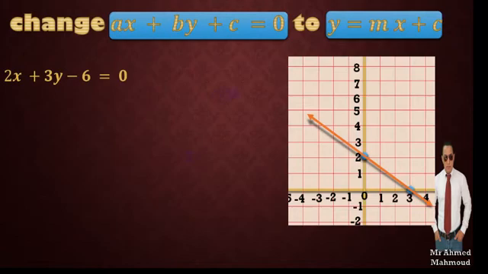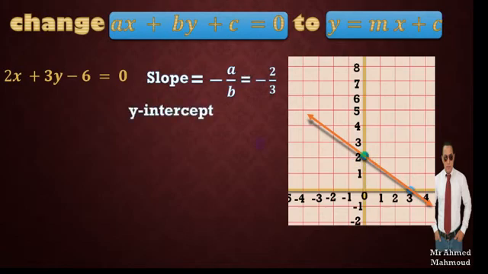The slope then was negative a over b, which is negative 2 over 3, and the y-intercept was 2 units. To identify the y-intercept, as I taught you, cross x, then send 6 there. It will be 3y equals 6, so y equals 2 units.